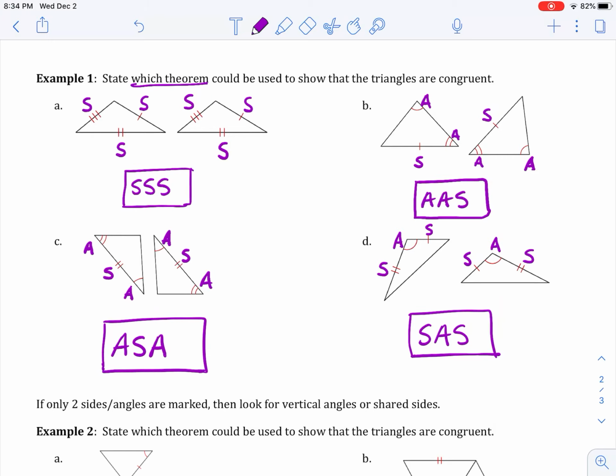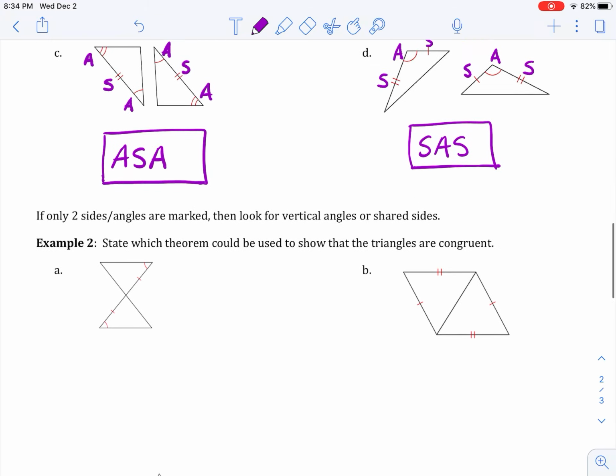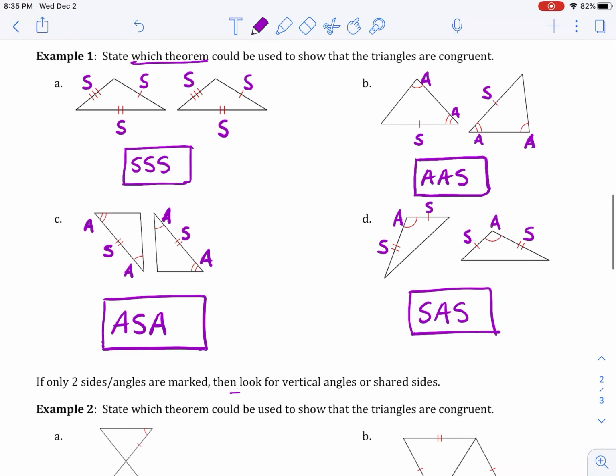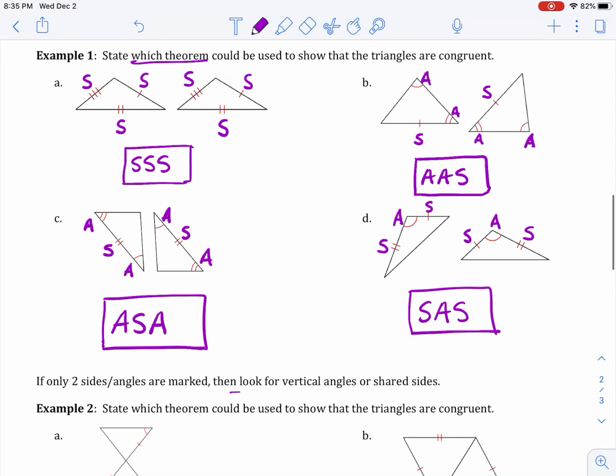All right, but let's talk about a couple problems that make it a little bit more difficult. So it says if only 2 sides and angles are marked, then look for vertical angles or shared sides. Let's see what that means. So notice in example 1, there were 3 markings on each triangle.